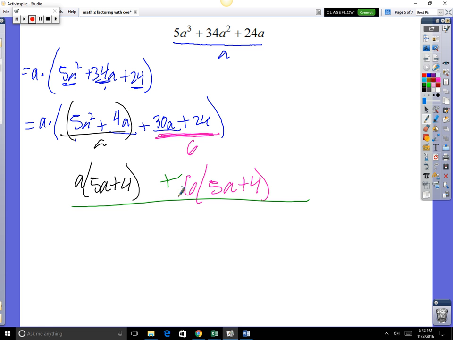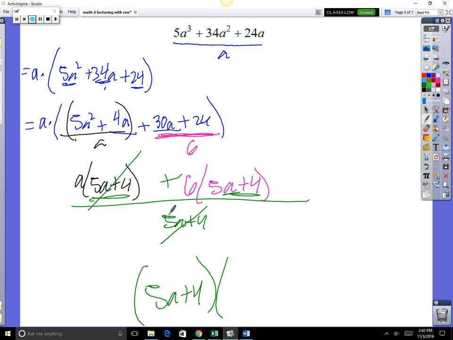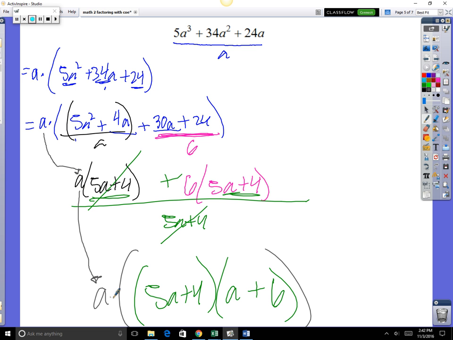These two, I can take a 5a plus 4 out of each. So if I take a 5a plus 4 out, times the leftovers, a plus 6. And then you must put the a back, because the first thing you did was take a out, so the last thing you have to do is put a back in. So that's your answer.